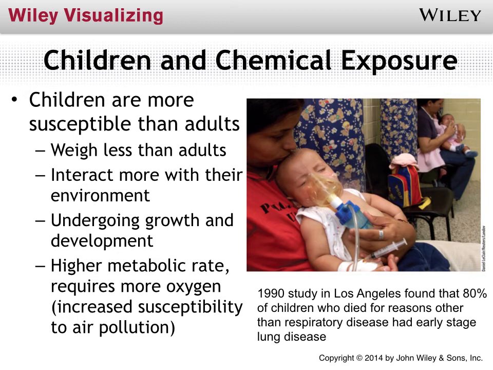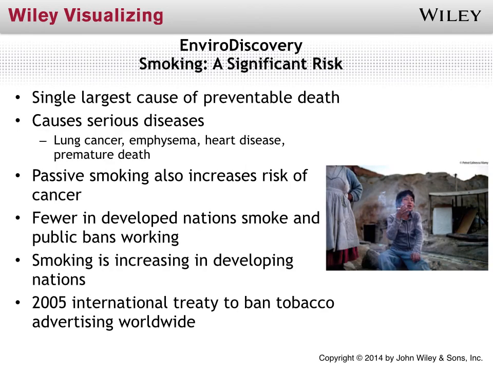Because children weigh less, because they interact more with their environment, they put things in their mouth not knowing or caring what those things are. Again, because they're undergoing development, their body is rapidly changing, which means something that gets in their body can be rapidly processed into their body. They have a higher metabolic rate. So again, they're more susceptible to being exposed to those chemicals.